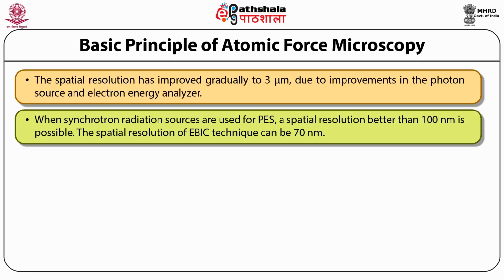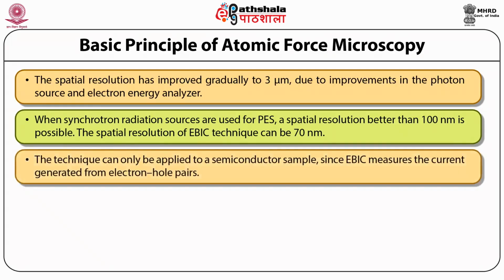However, the EBIC technique has some disadvantages in measuring the surface potential of samples. The technique can only be applied to a semiconductor sample since EBIC measures the current generated from the electron-hole pair.